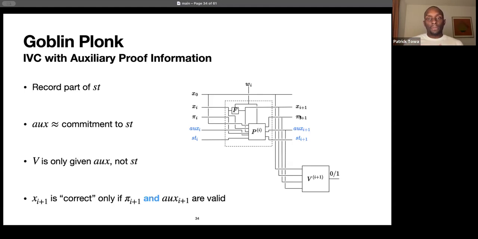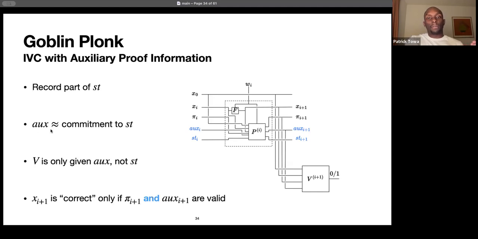A way to model this is to say, well, throughout the computation, the proof is going to maintain some state, which basically contains the record of operations thus far in the computation that were not proved yet.